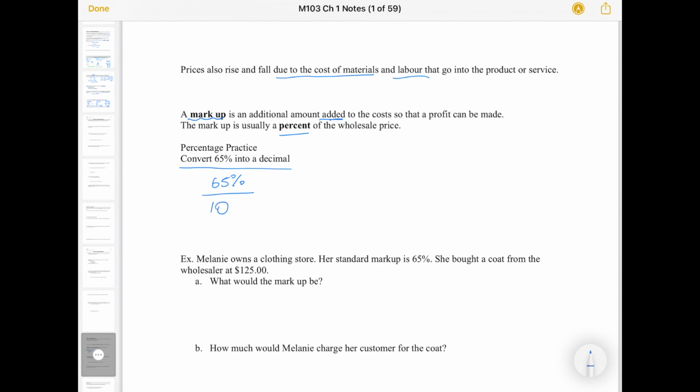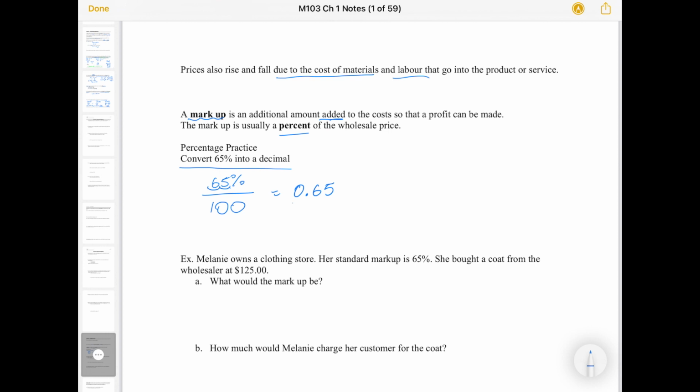I'm going to divide by 100. Another way of thinking of that is I'm going to move the decimal place over 1, 2. So I'm going to get 0.65.